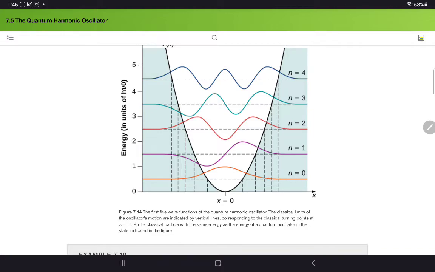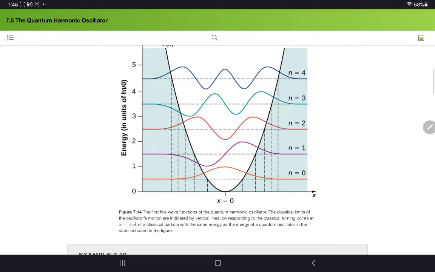It's kind of boring looking, but it sort of resembles a particle being localized by this potential. But you notice that the probability density doesn't go to 0 at the classical turning point. It actually goes to 0 as you go further and further away in an asymptotic sense. That's what the Gaussian does. The Gaussian asymptotes to 0 on the left and on the right.